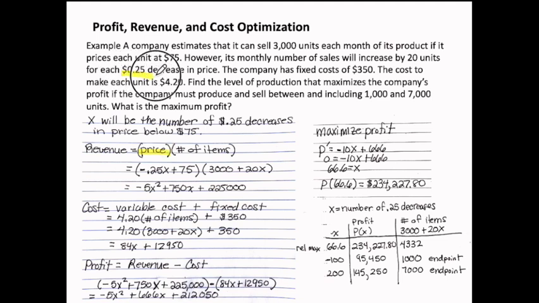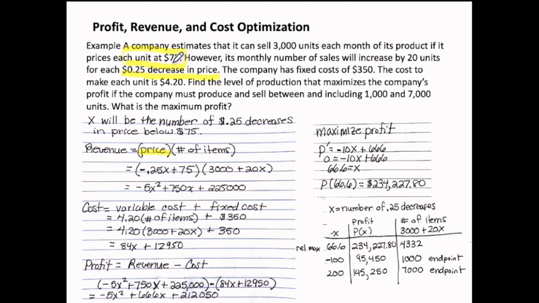So we have 25 cents decreases in price, and we're starting at $75. So each product is going to be initially priced at $75, and then we're going to make 25-cent decreases to see what happens. If we look at this as the initial value, and we look at this as a constant rate of change, this is linear.